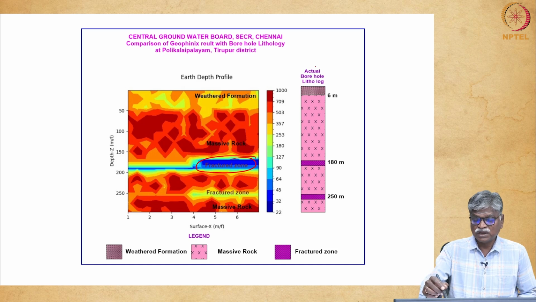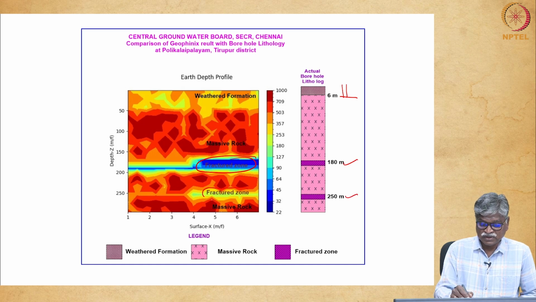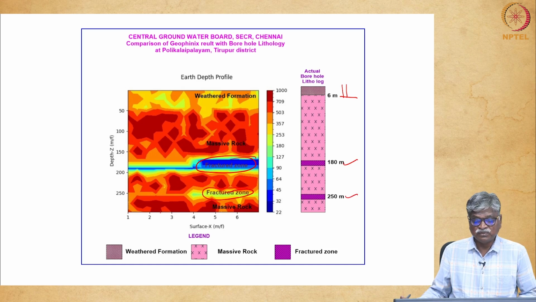This is during the actual drilling. We got weathering up to 6 meter, up to that you put the casing, and at 180 meter you got one fracture, and at 250 meter we also got one fracture. These are two sets of fracture we got from geophonics.